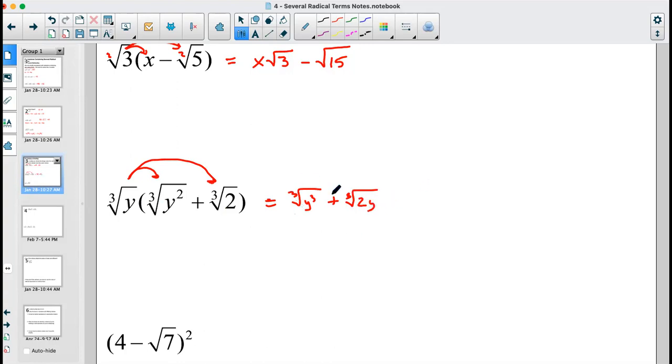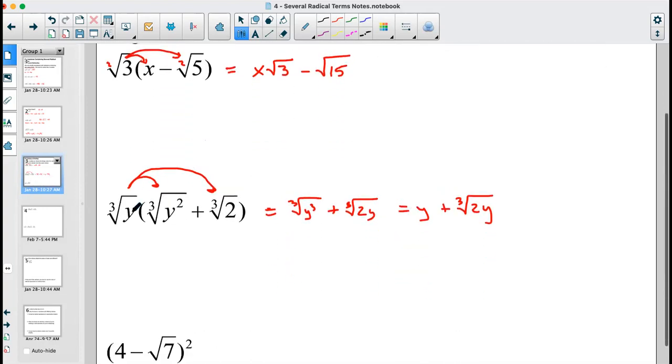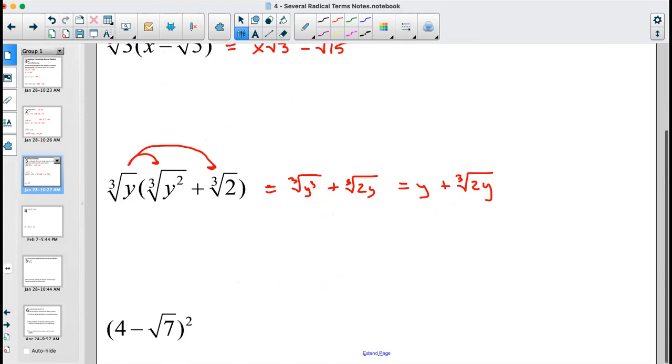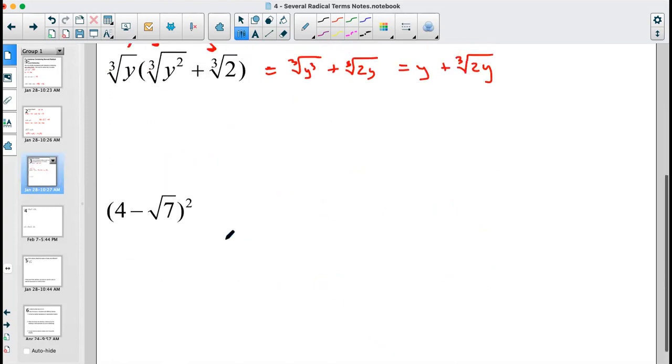And the cube root of y cubed is just equal to y. And now I think I'm done simplifying. Again, the important thing to remember here is that the index of each one of these is the same, 3, 3, and 3, and that's why I can do this. This is like a FOIL question, really.